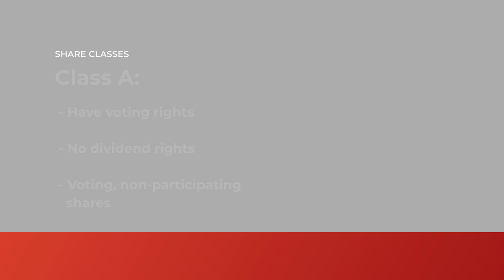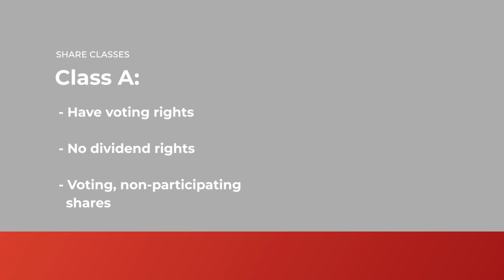So what we would want to see in this scenario is a Class A share with voting, non-participating characteristics. We keep the votes contained in our Class A's, and we may have that 50-50 structure, or maybe someone's 51 and someone's 49.